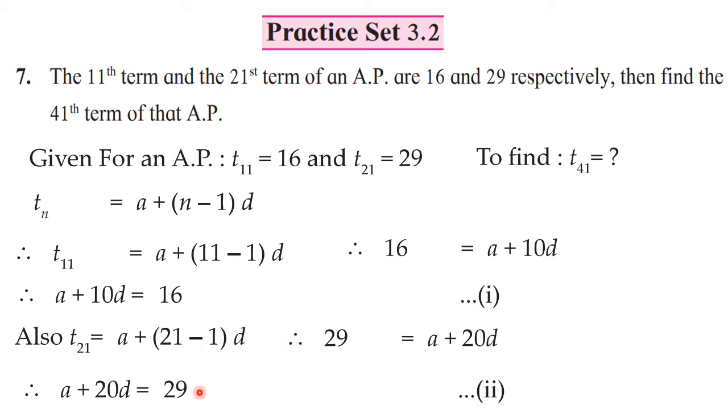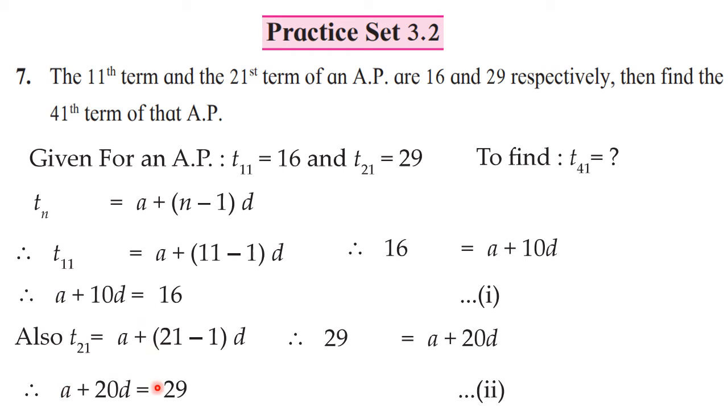Now you know how to solve linear equations in two variables. We have various methods to solve it: the elimination method, the substitution method, and other methods like Cramer's rule also. But you know that elimination is the easiest method, so use that. Here we can observe the coefficient of the variable A is the same in both places, and the signs are also the same.